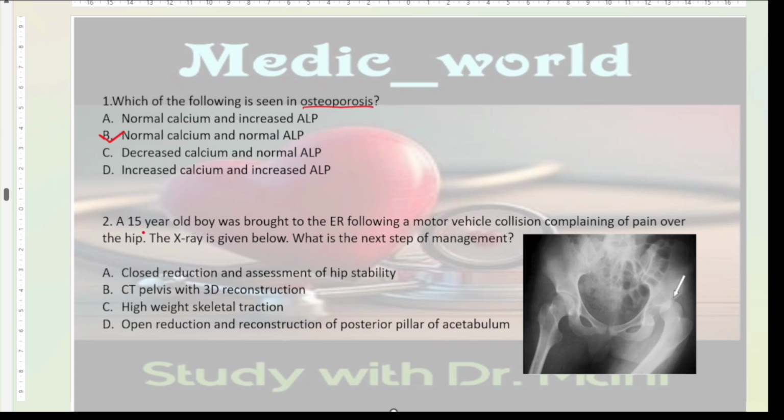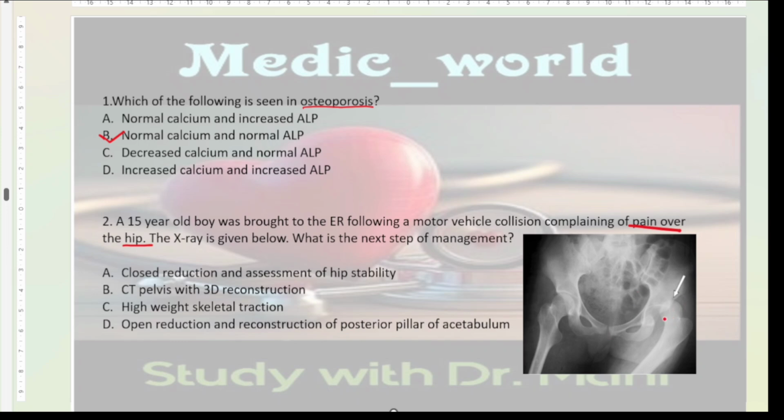Now the next question: a 15-year-old boy was brought to the ER following a motor vehicle collision complaining of pain over the hip. The X-ray is given below. What is the next step of management? First of all, we have to see the radiograph given here.